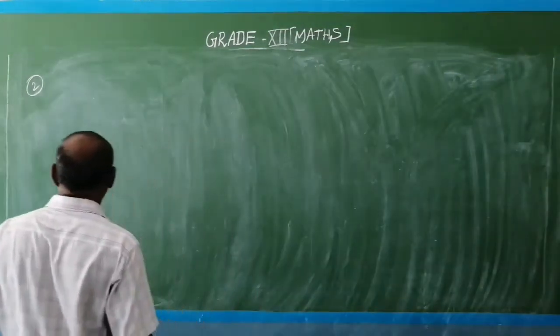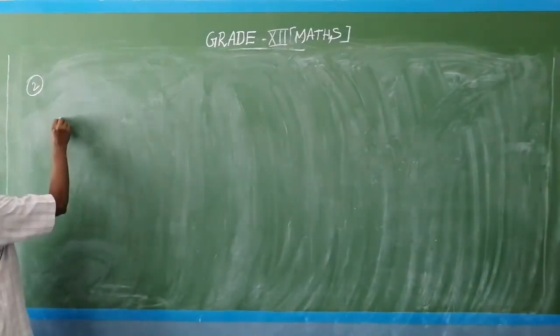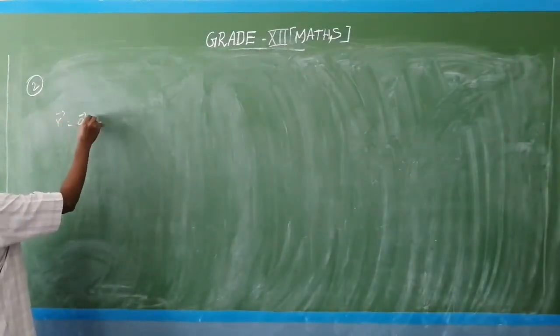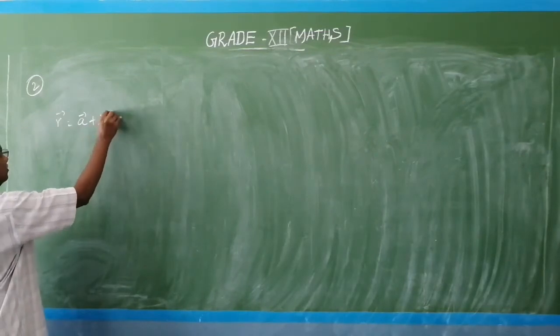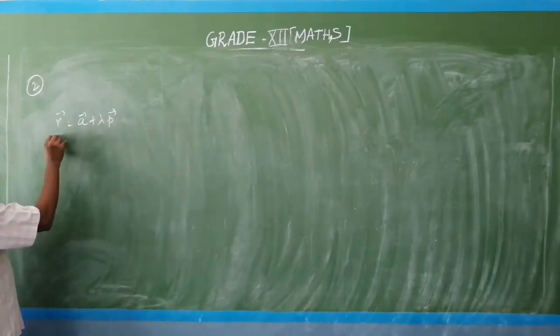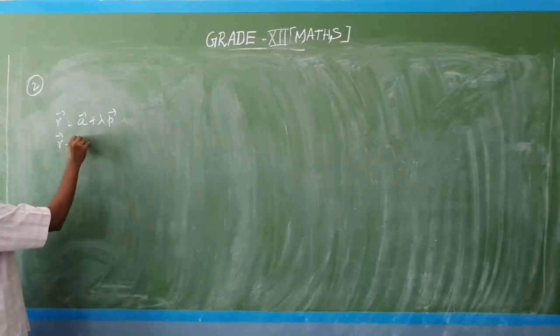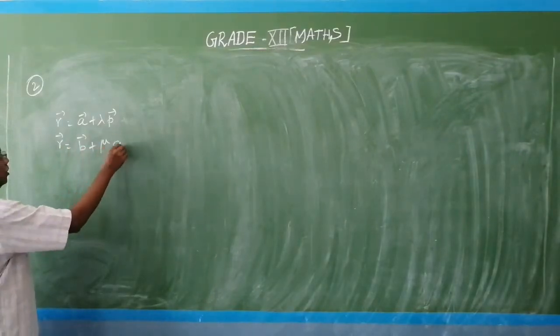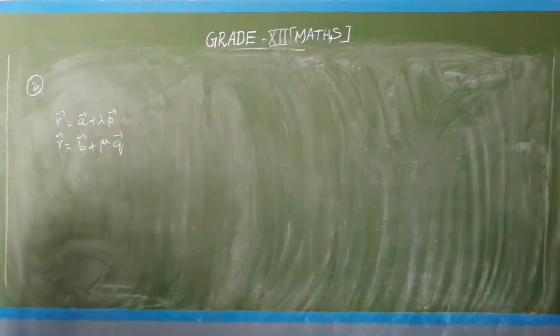Now let us consider a line r vector equal to a vector plus lambda into p vector, and another line r vector equal to b vector plus mu into q vector, as the given lines.